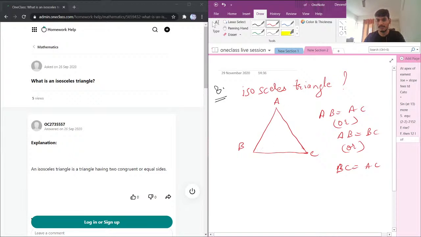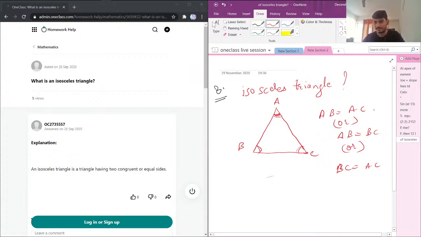And if AB equals AC, then angle made at B will be equal to angle made at C. And if AB equals BC, then angle made at C and angle made at A will be equal. And if BC equals AC, then angle made at B and angle made at A will be equal.